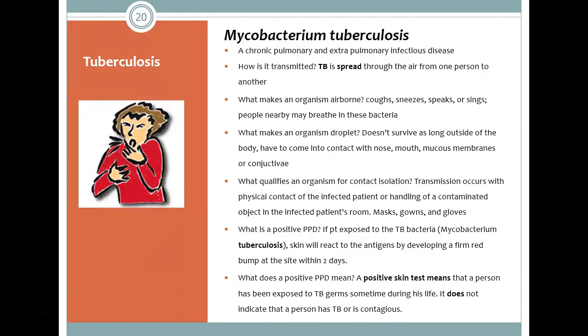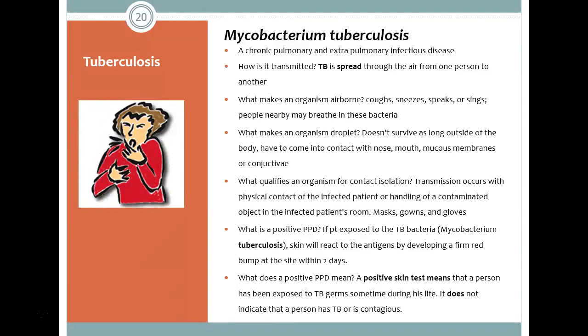If a patient has a positive PPD test, that just says that the patient has been exposed to the TB germs during their lifetime. It does not mean that they have TB or that they're contagious.